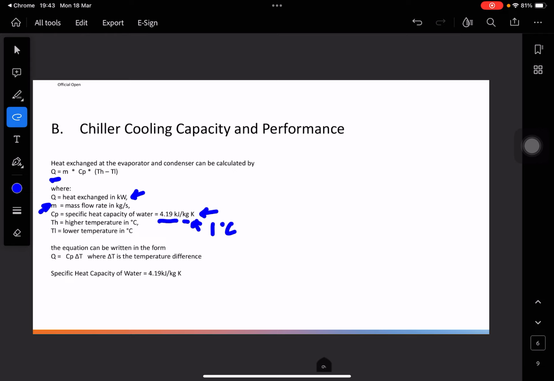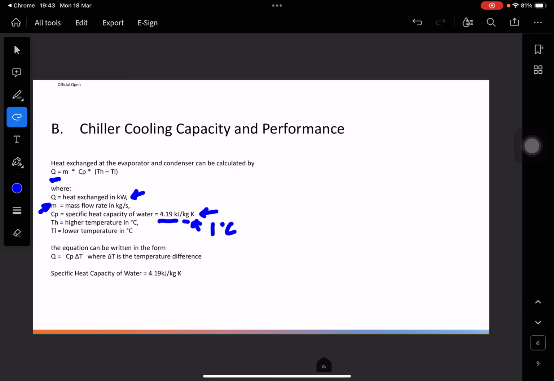This may be good or bad depending on the application. If you want your water to heat up fast, you probably want a higher heat capacity, so that you have more Q. Because your Q equals m dot Cp delta T, a higher heat capacity will give you a better Q. Higher Q means that you have more heat exchange.